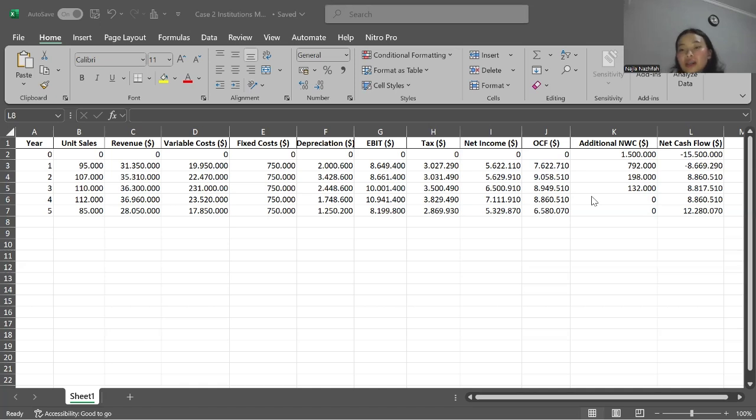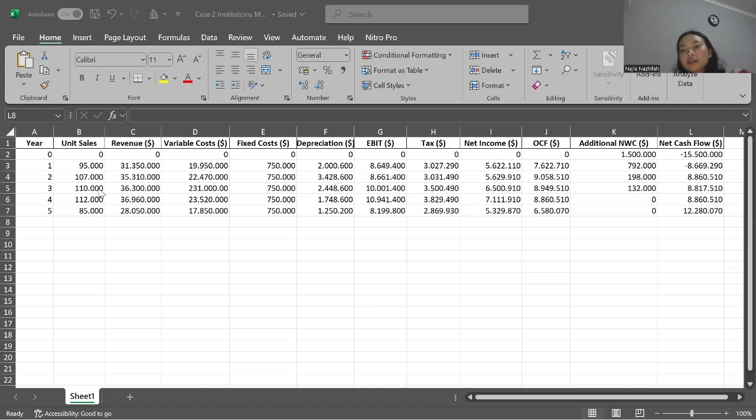In the fourth year, for the additional working capital, we got 0. And last is net cash flow. Net cash flow in fourth year is the same as operating cash flow, $8,860,510. The last is fifth year.